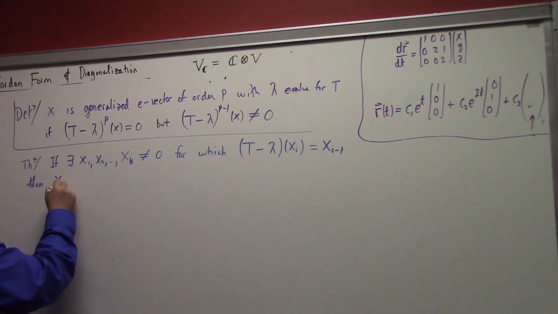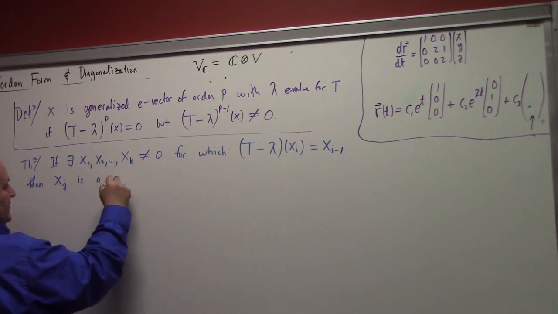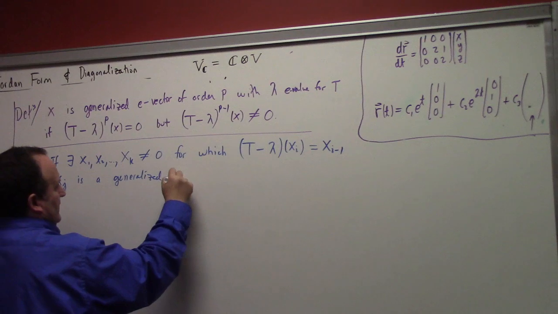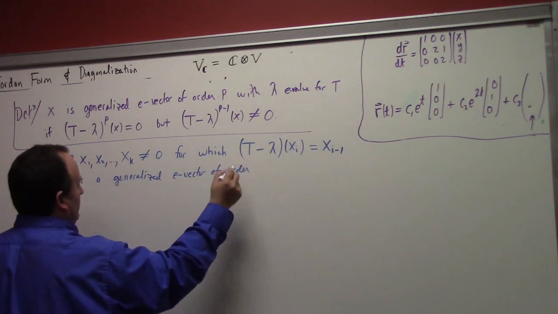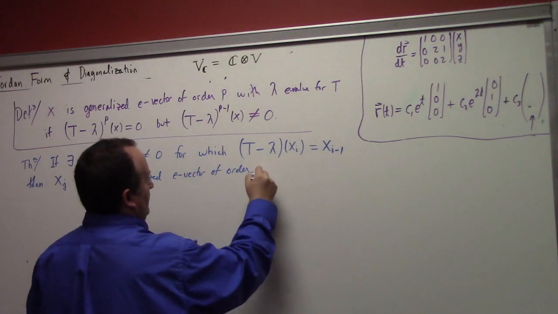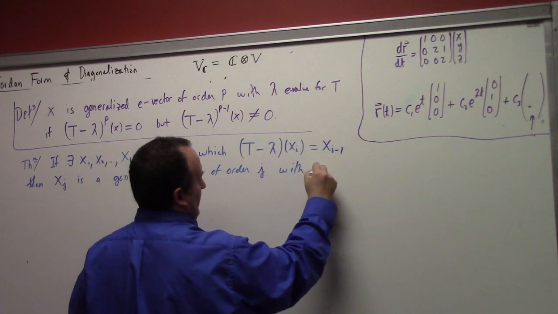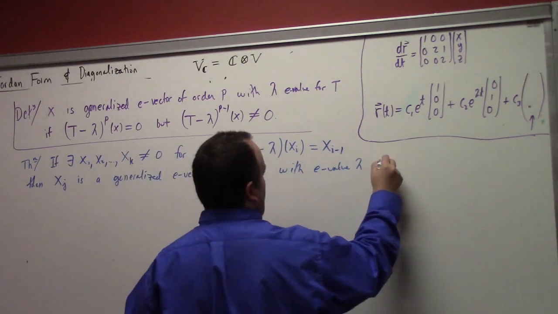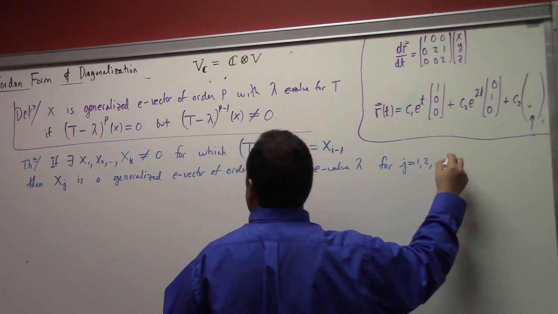Then x sub j is a generalized eigenvector of order j with eigenvalue lambda for j equals 1, 2, dot dot dot, k.